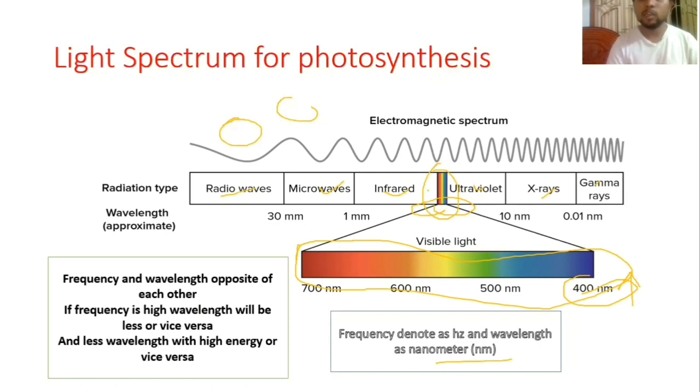It lies between infrared and ultraviolet, from 700 nanometer to 400 nanometer. One thing: the plant absorbs maximum at 700 nanometer light, and also 680 nanometer light. I think the light spectrum for photosynthesis is clear now.